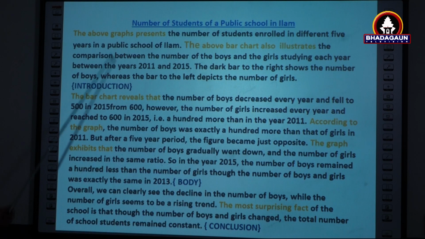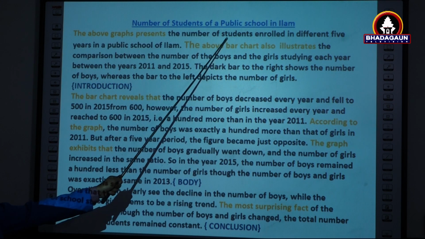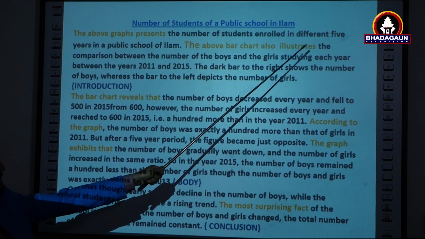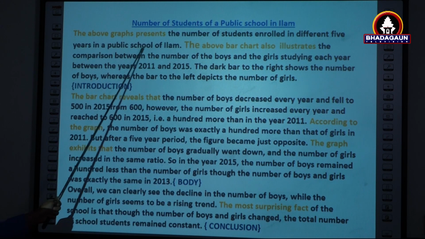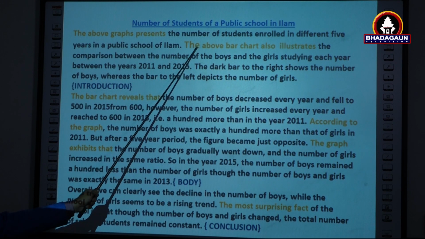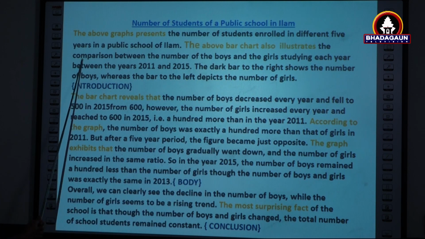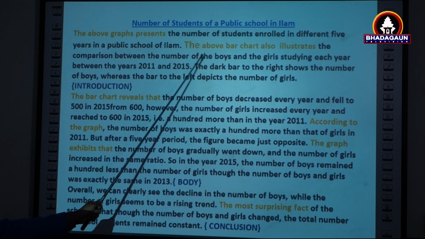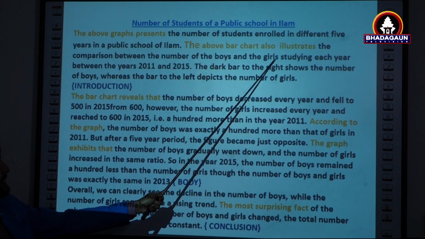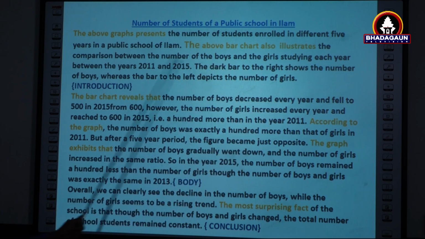So, the above graph presents the number of students enrolled in different 5 years in a public school of Ilam. The above bar chart also illustrates the comparison between the number of boys and girls studying each year between the years 2011 and 2015.